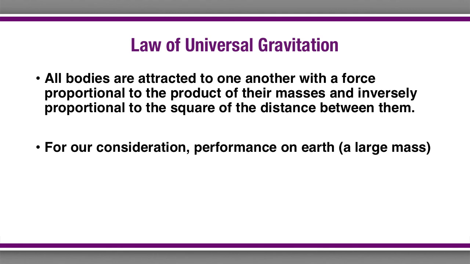In sport and human movement, these pulls are always very, very small, so small that we can typically ignore them in our calculations. However, one gravitational force that has to be considered, because it plays a major role in sport and athletics, is obviously the gravitational pull due to the Earth itself.